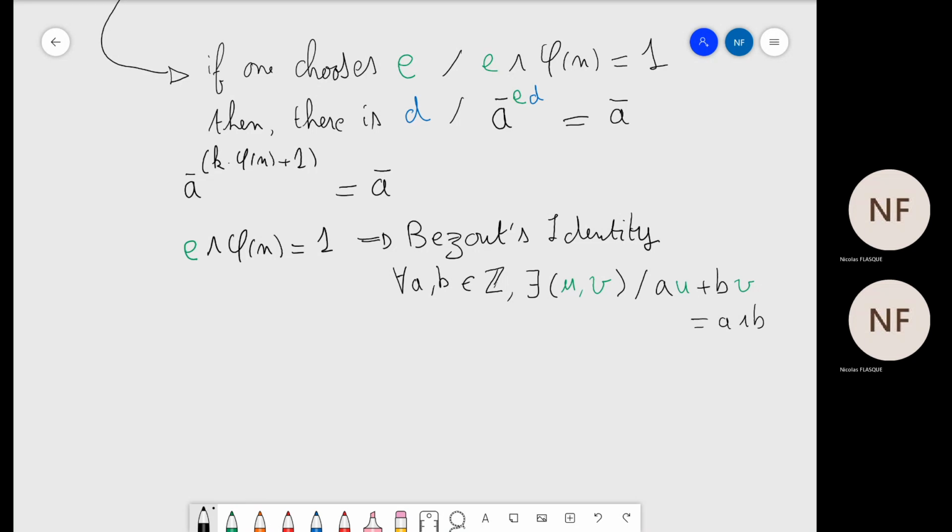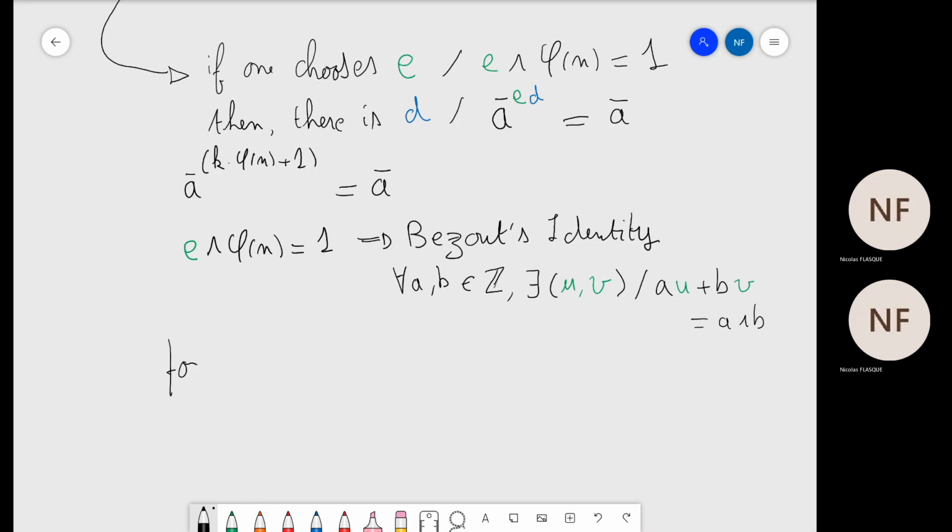is equal to the GCD of a and b. So we will apply this identity with e and phi of n. Here we use e instead of a and phi of n instead of b. And actually we will also change the name of the Bezout coefficients. Here, u and v, we will choose different names, and you will see why, just in order to have names which are consistent with the previous presentation of the theorem.